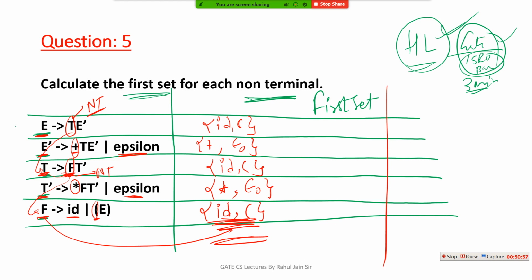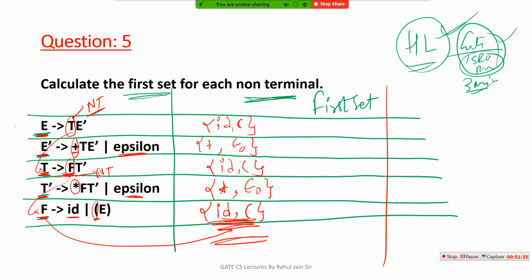Is it clear to every candidate? Just answer me, is the solution of question number 5 clear to every candidate? Just comment. If any candidate has any confusion, doubt or query in question number 5, they can ask me here, because it is a very important grammar and you need to know each non-terminal's first set.